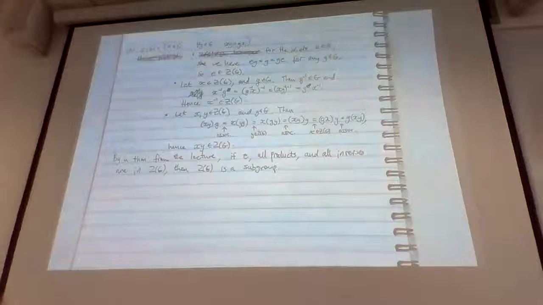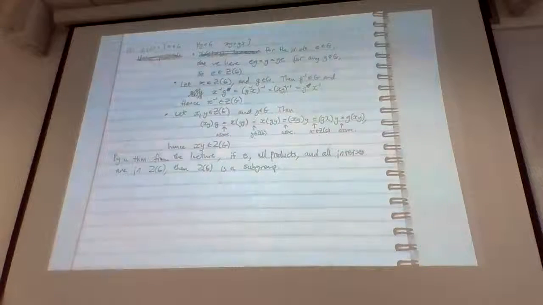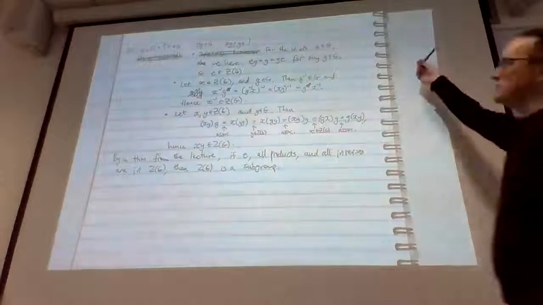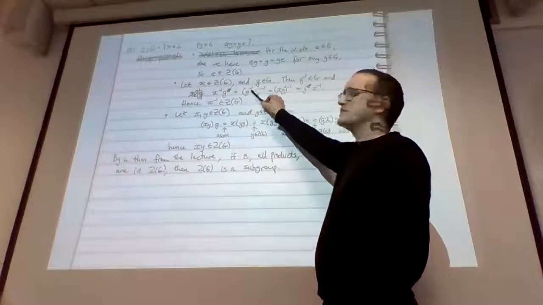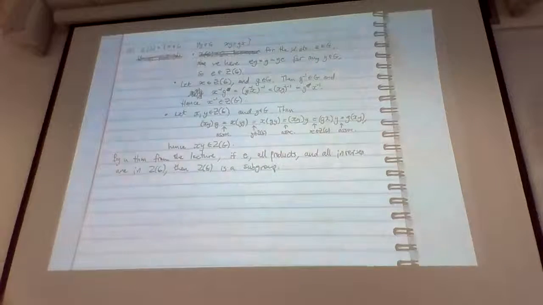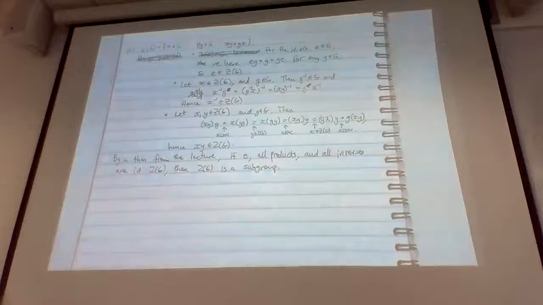Is that sufficiently explained for Mark? I would say, given that in the earlier part you've already made the point that an inverse of an inverse is the original element, do you think it's sufficiently explained?